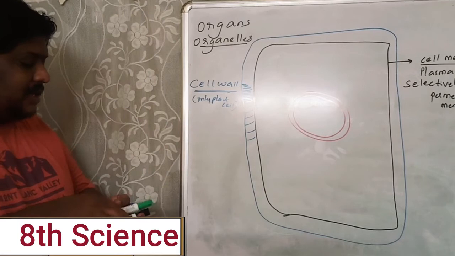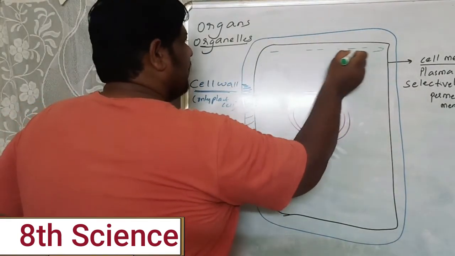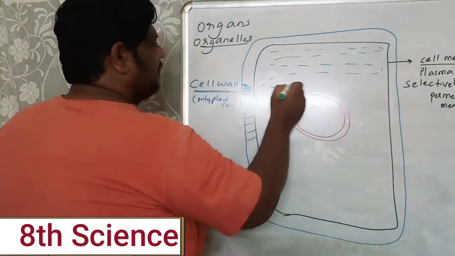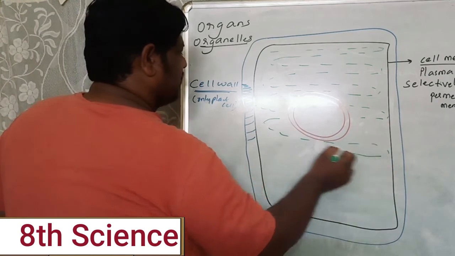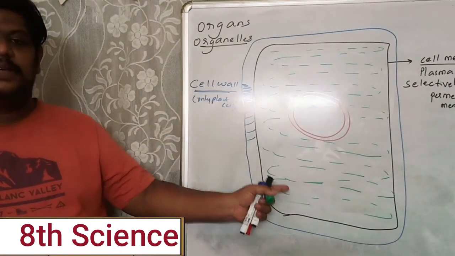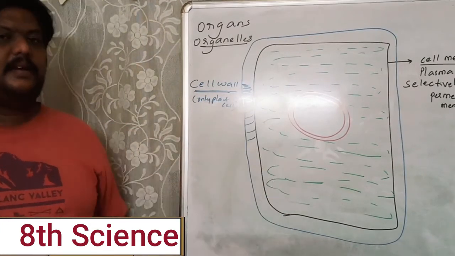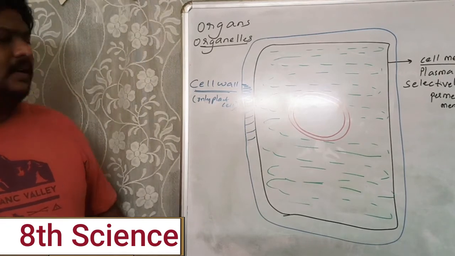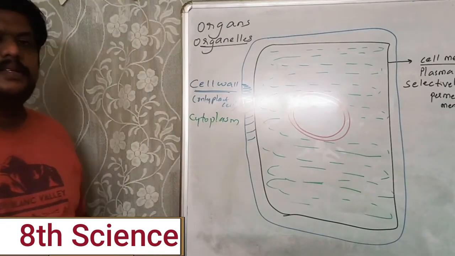Now there is a fluid content in the cell. The whole cell is filled with this fluid, watery content, which has 80% water, and that is called cytoplasm.